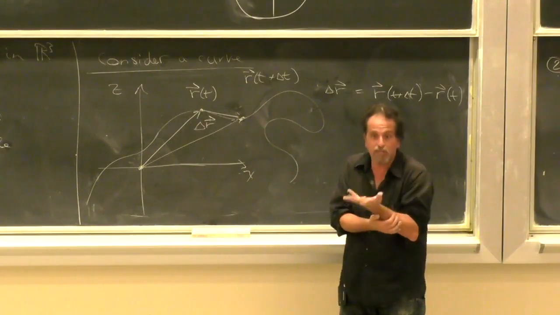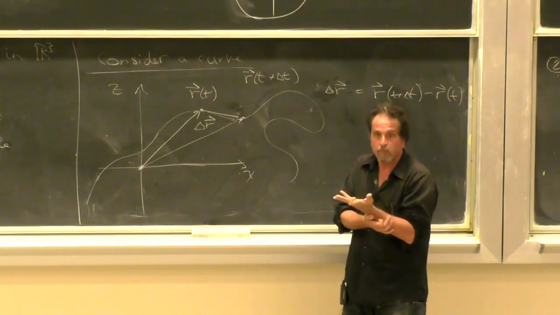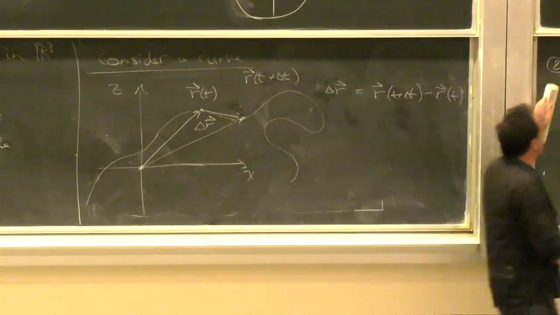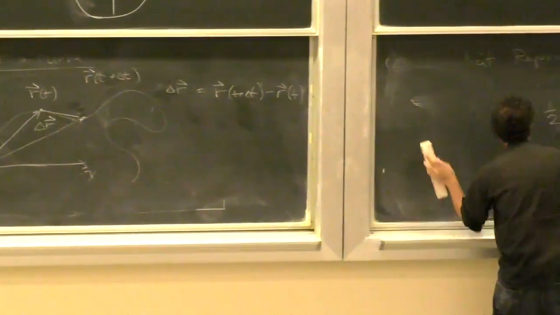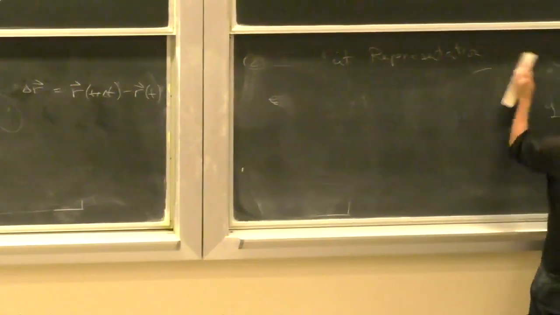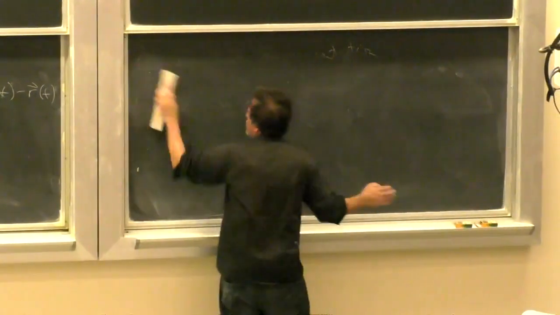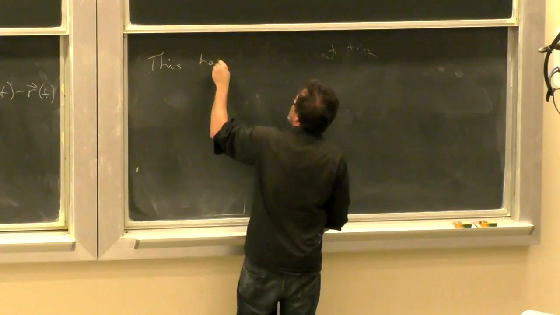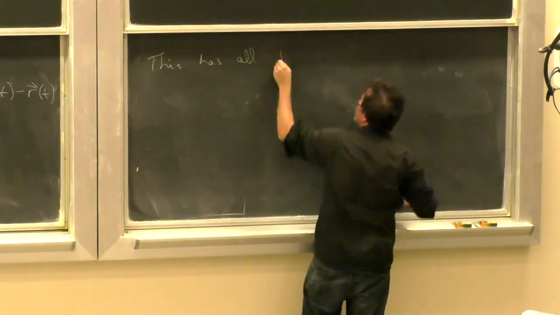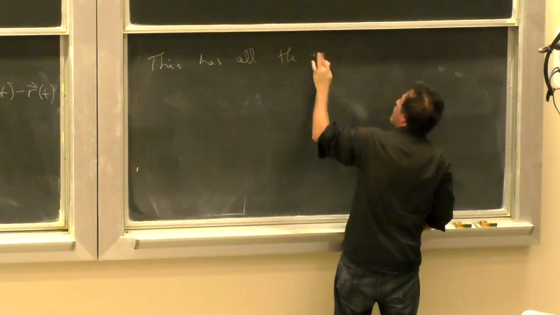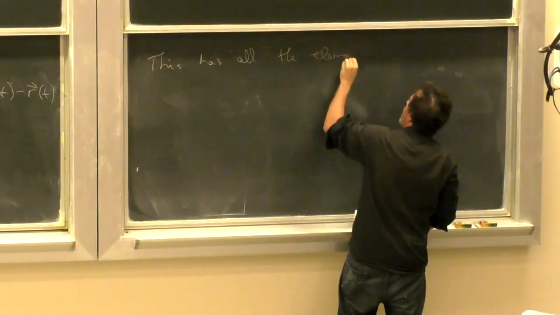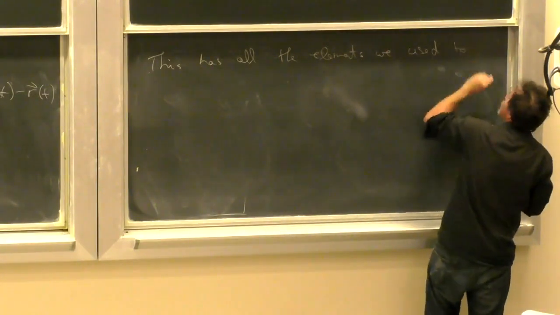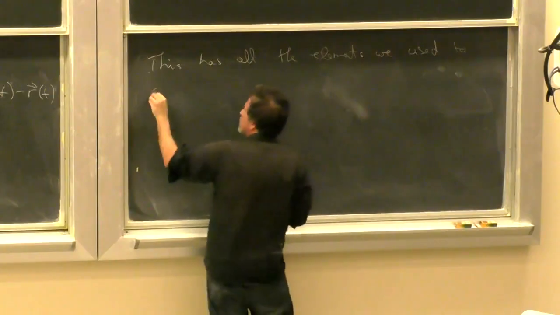There is some direction to that vector. So this has all the elements we used to construct tangent vectors.